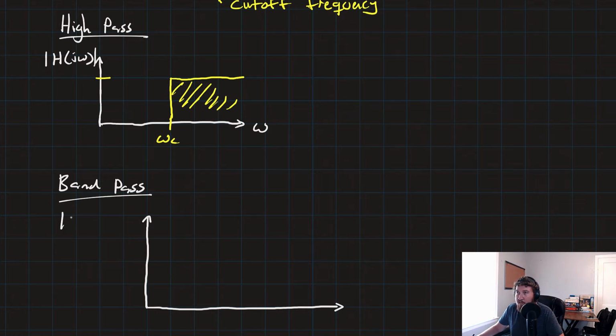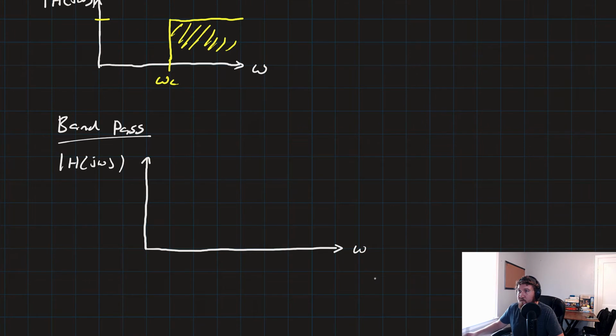Still the same setup though: the magnitude of the transfer function on the vertical axis, and the horizontal axis is still frequency. Except now we only want to let through a specific frequency. So we'll have our center omega C, which is now not our cutoff frequency but rather called our center frequency.